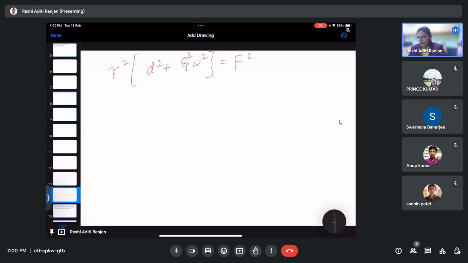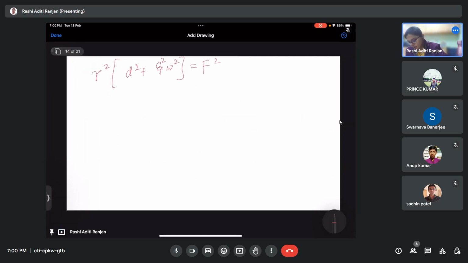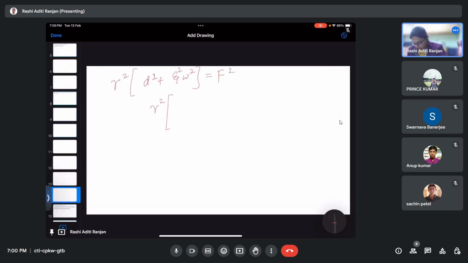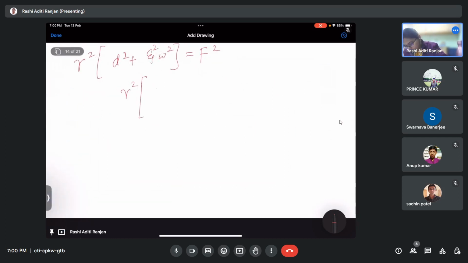isn't it? Now if I expand D again, then I can write it like gamma square into, what do I have here? 1 minus omega square plus 3 by 4 into beta into A square plus B square, whole square, plus epsilon square omega square is equal to F square.